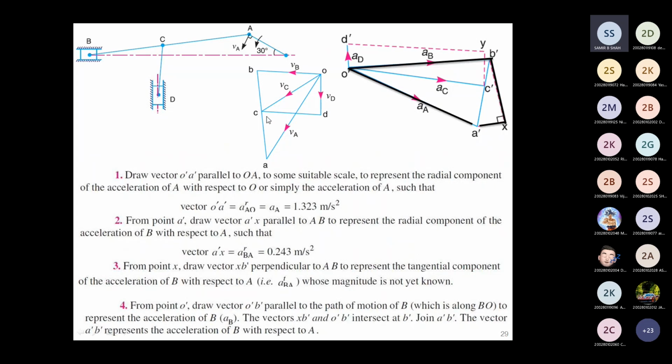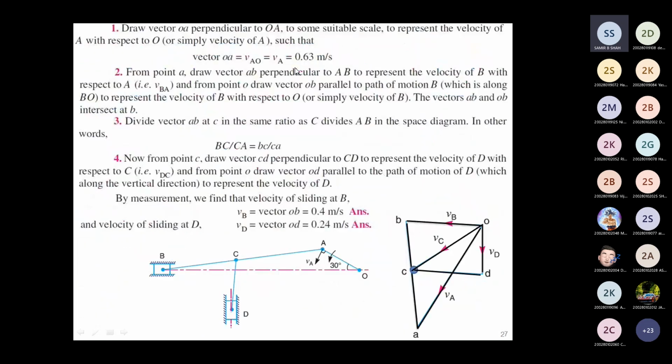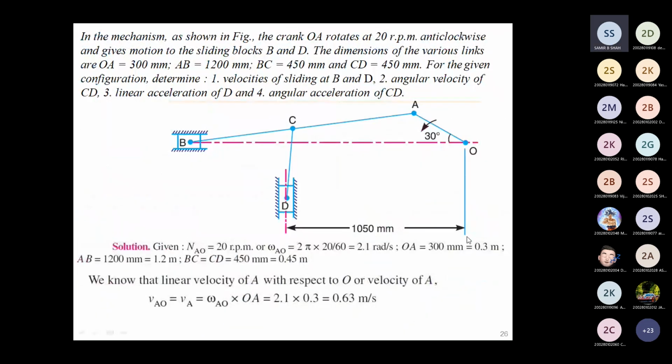Now, as in the velocity diagram, after drawing the perpendicular line, we have to draw from point O, because the dimension is given to us in the data.